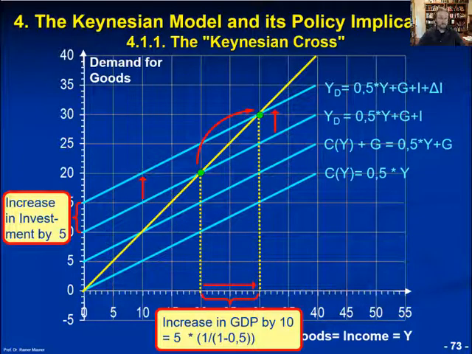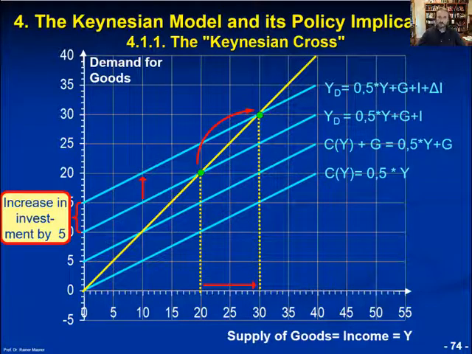This is an astonishing result because it means that an increase of demand by 5 units causes an increase of total production by 10 units. How is this possible? To find an answer to this question, let's analyze the composition of demand in the new equilibrium at a GDP level of 30.